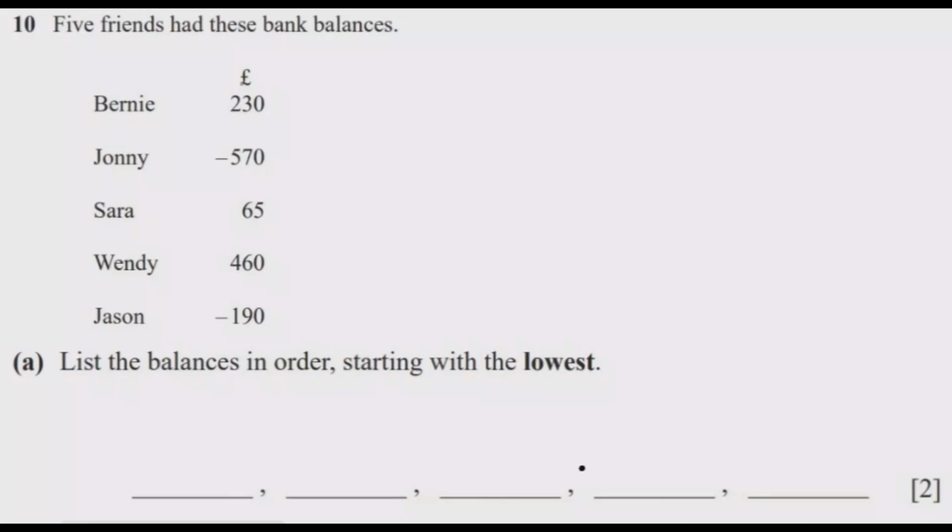When you are comparing negatives, when you compare this number and this number, you notice that 570, when we ignore the sign, is bigger than 190 when we ignore the negative sign.